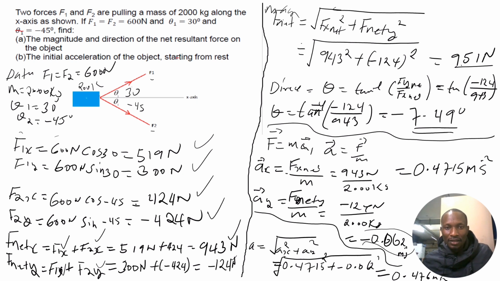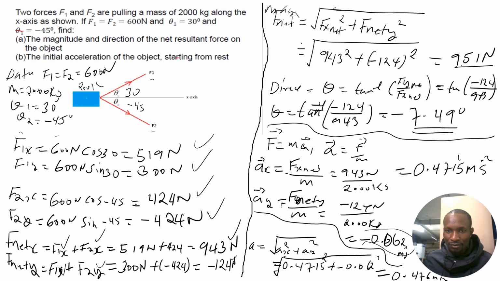A summary of this: for you to find the initial acceleration of the object starting from rest, you need to take into consideration that acceleration is equal to force over mass according to Newton's second law of motion. And because we have acceleration in the y component and acceleration in the x component, you need to find the acceleration in x component and y component based on the magnitude of the force in the x and y components.